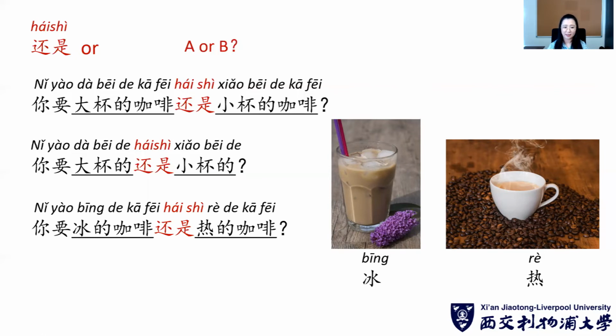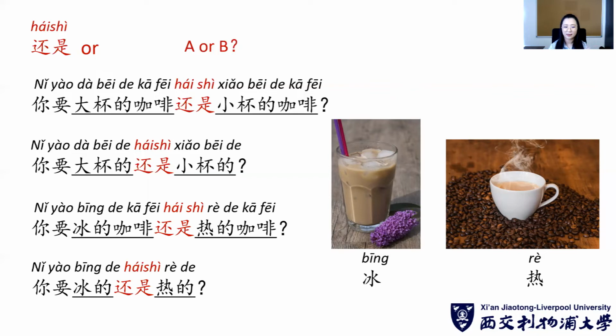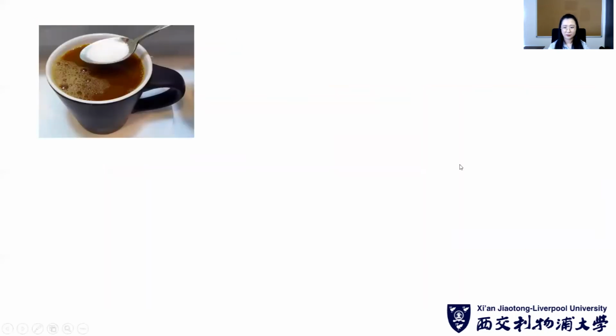In the context of a dialogue, we can omit 咖啡 and just say 你要冰的还是热的? If I want iced coffee, I will say 我要冰的.